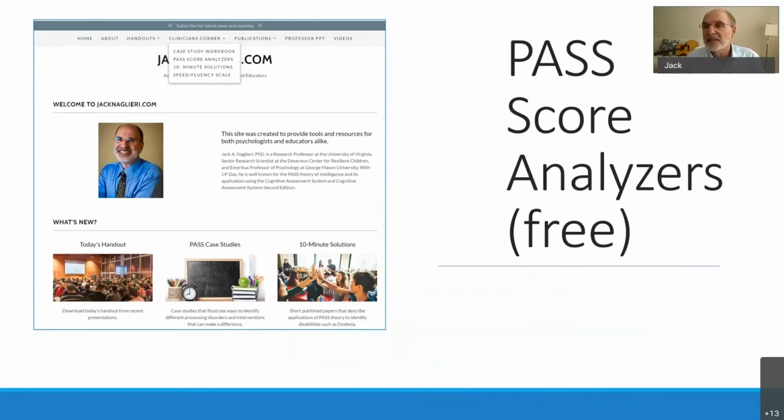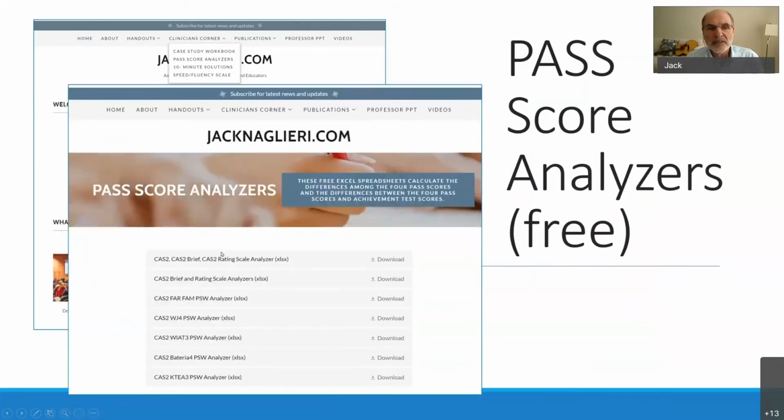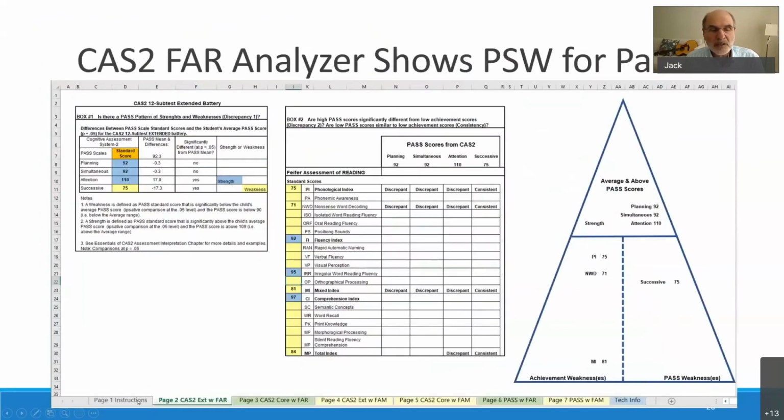So I created these Excel spreadsheets that you can get on my website. You go to my website on the Clinician's Corner, you choose PASS Score Analyzers, and you'll get this list. So here are PASS Score Analyzers for the FAR and the FAM, that's Steve Feifer's, the WJ, the WIAT, the battery, the KTEA, and you just click on whatever one you want, and you'll get a spreadsheet like this.